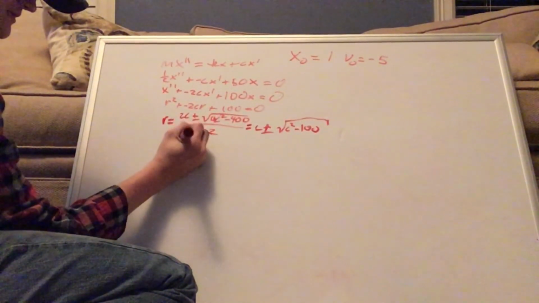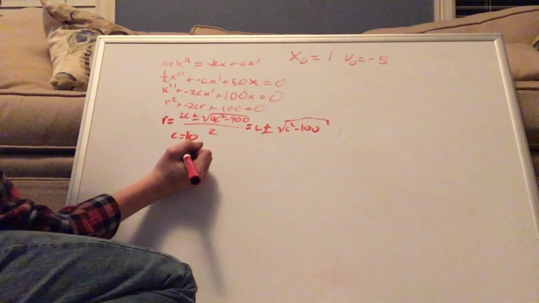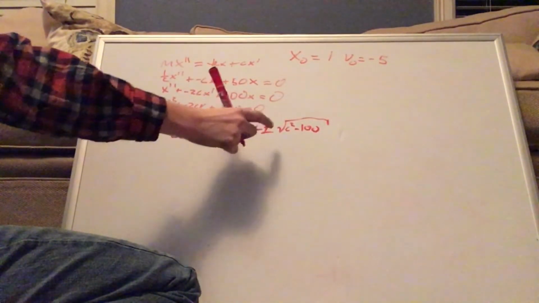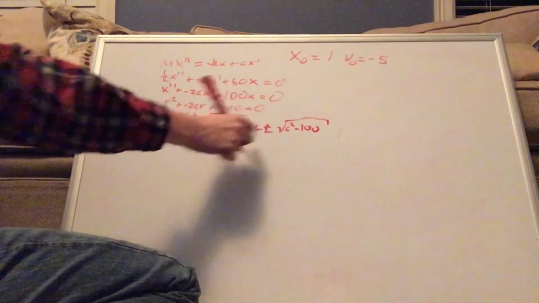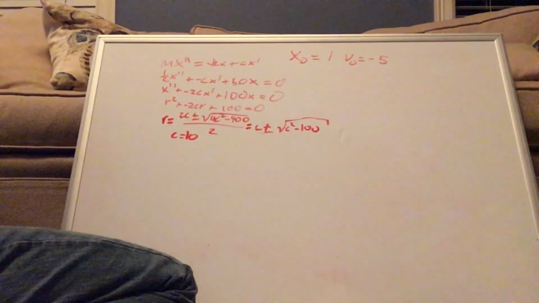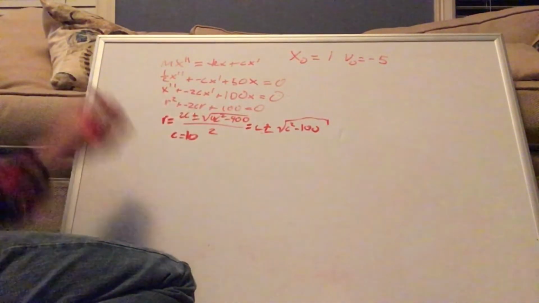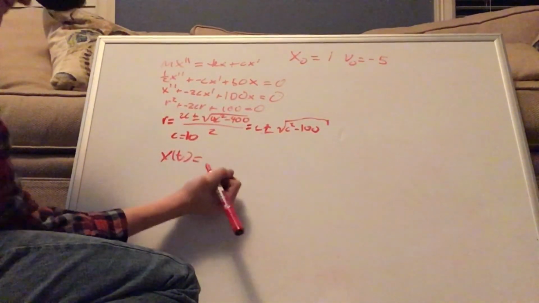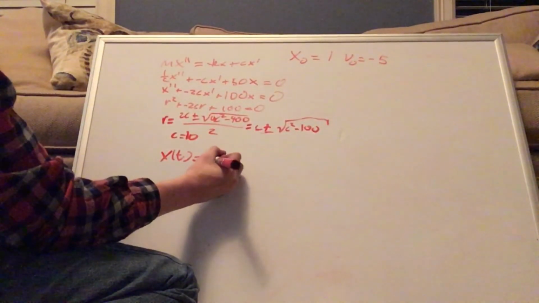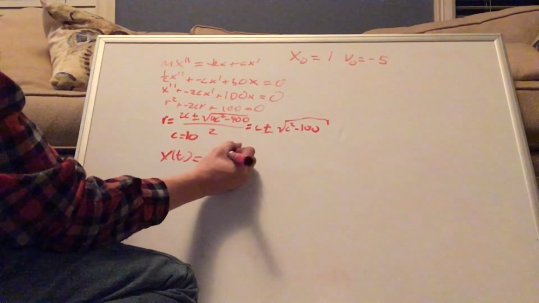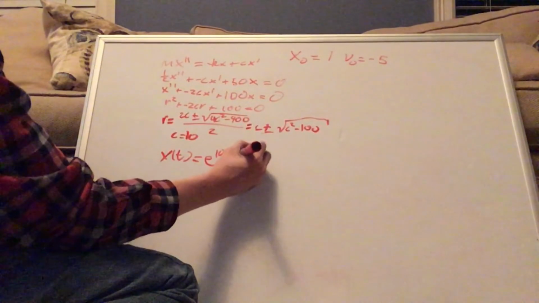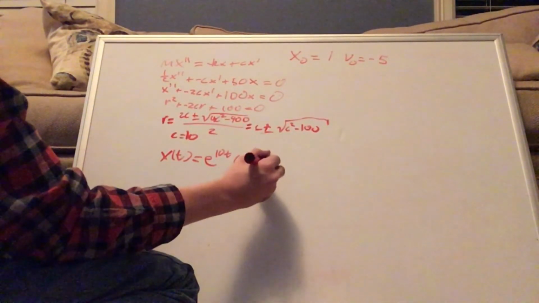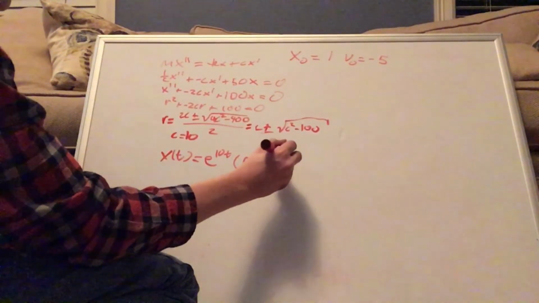c equals 10, which means c plus 0 is also equal to c minus 0. So we have a repeated root. We have c twice. So the general form is x of t equals e to the 10t multiplied by a plus bt.